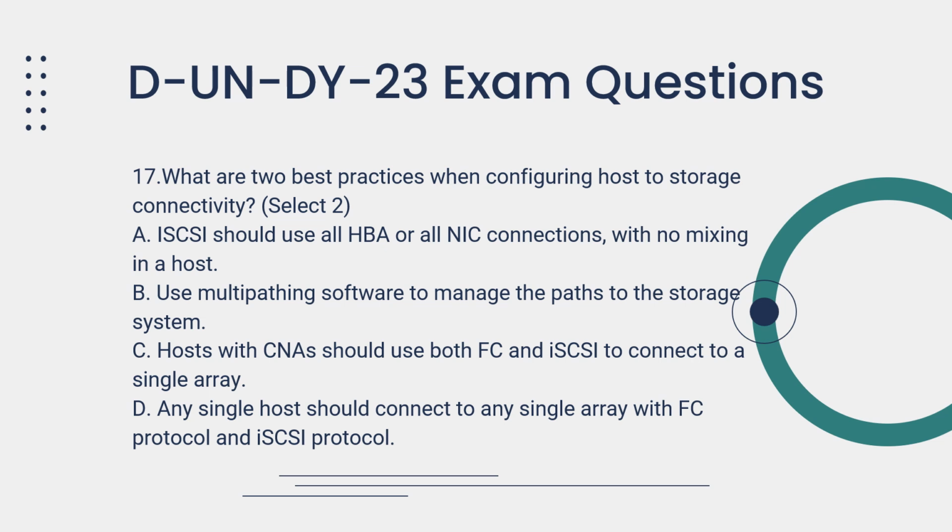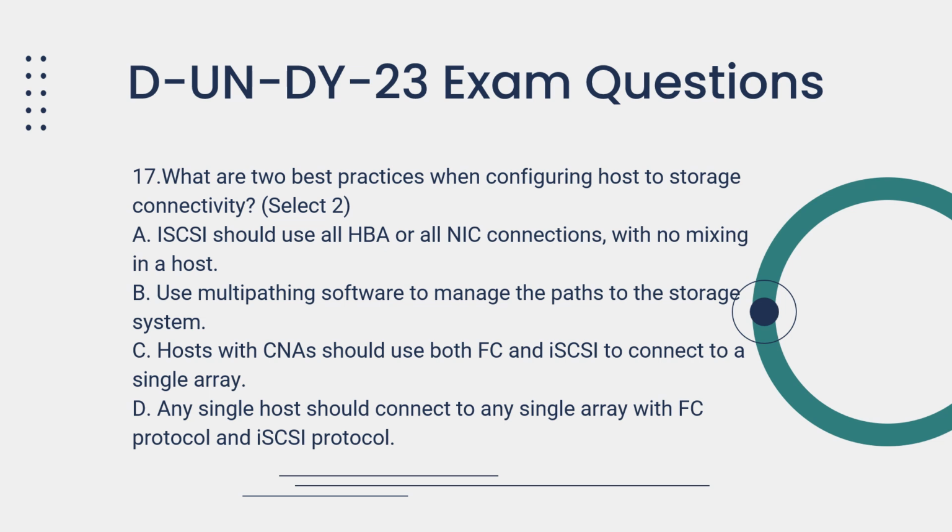What are two best practices when configuring host-to-storage connectivity? Select 2. A. iSCSI should use all HBA or all NIC connections, with no mixing in a host. B. Use multipathing software to manage the paths to the storage system.